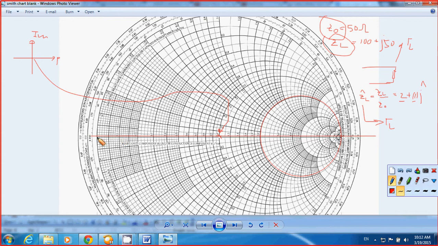So this one becomes 0, then 0.1, 0.2, and then this one becomes 10, 20, and at the end this one becomes infinity. So just to let you know, the real part represented by the horizontal line here actually starts from 0, from the left to the right.